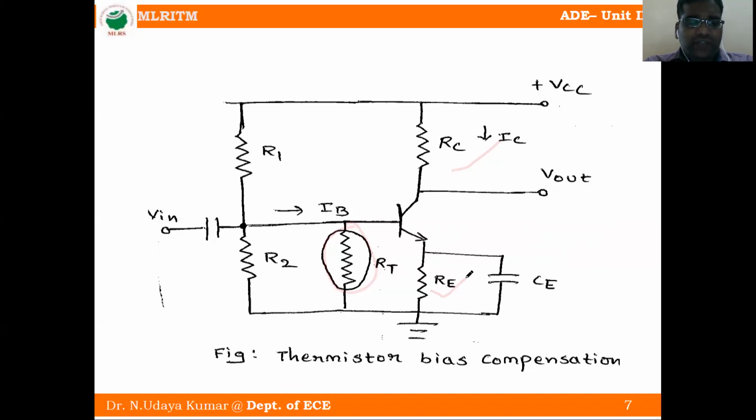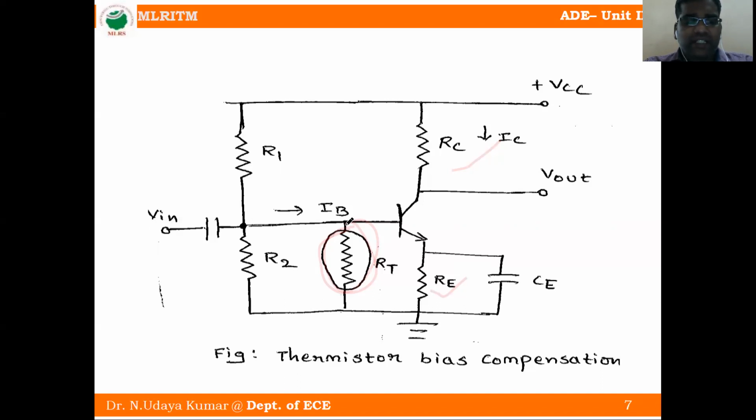The main characteristic of the thermistor is that it has a negative temperature coefficient. That means if temperature increases, resistance decreases. If temperature decreases, resistance increases. The resistance of the thermistor decreases exponentially with an increase of temperature.